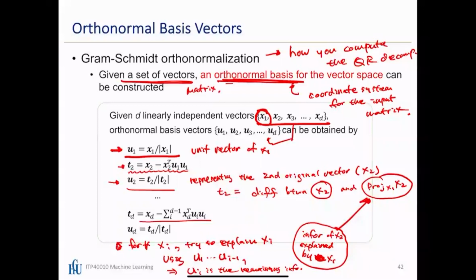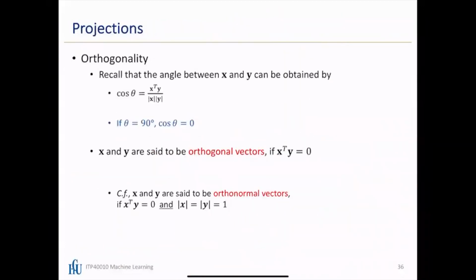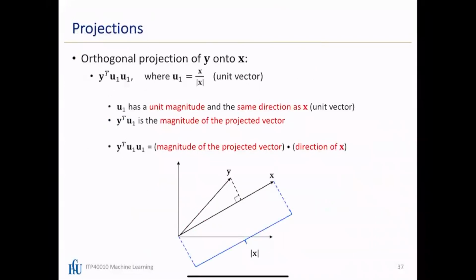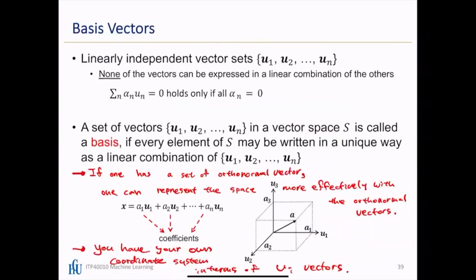So again, we started our discussion from orthogonality and orthonormality, which are important concepts. We tried to understand how to compute the projection of a vector onto another vector. These are basic operations and basic concepts. Then we moved on to independent vector sets and orthonormal vectors. If you have an orthonormal vector set for a vector space, it's like we have a new coordinate system that is more efficient for the vector space.